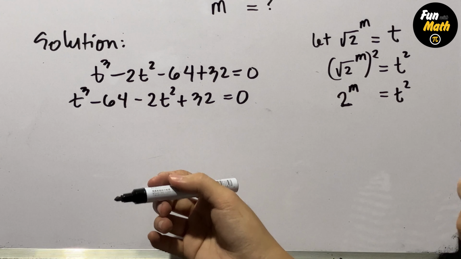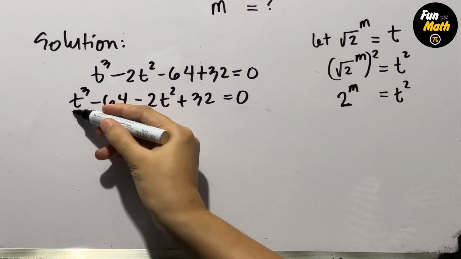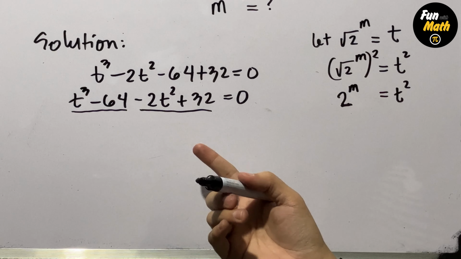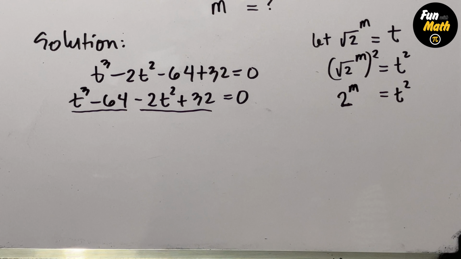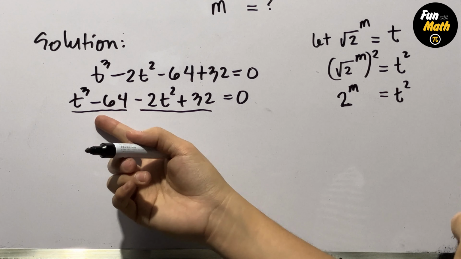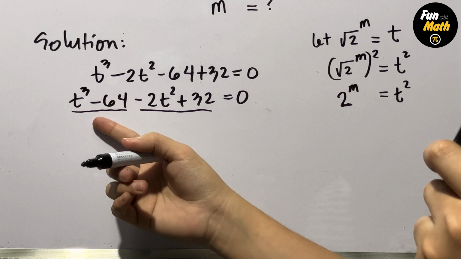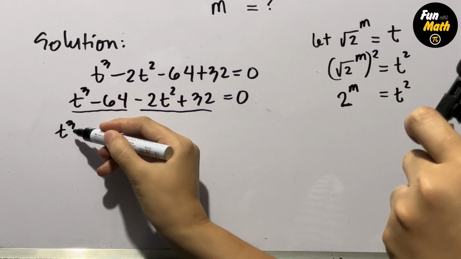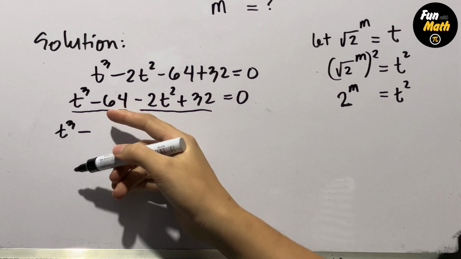Now, we can have two pairs. This is the first pair and the second pair. So now, let's apply the factoring. For the first pair, they don't have a common factor, so we don't need to factor. Just write t cubed minus 64.